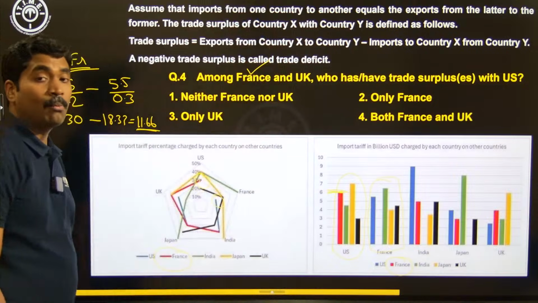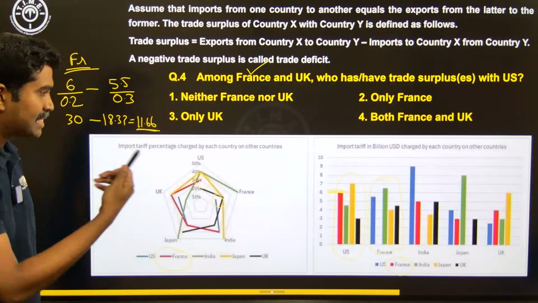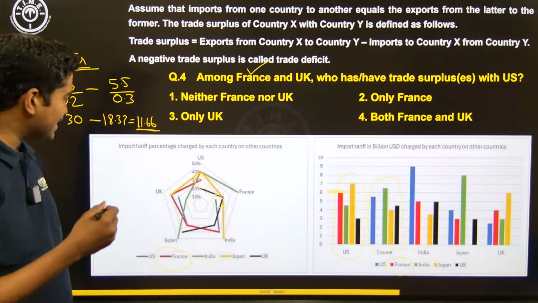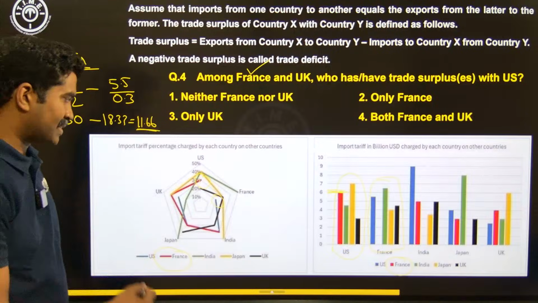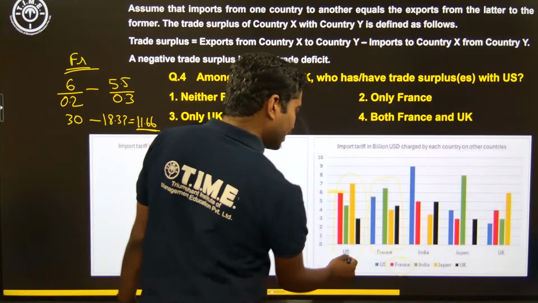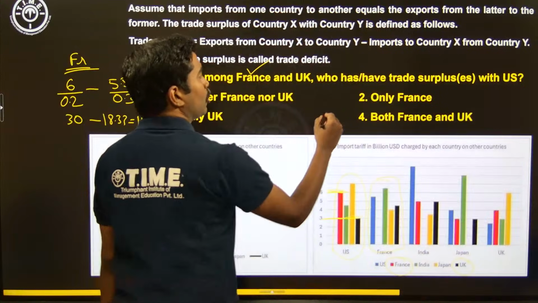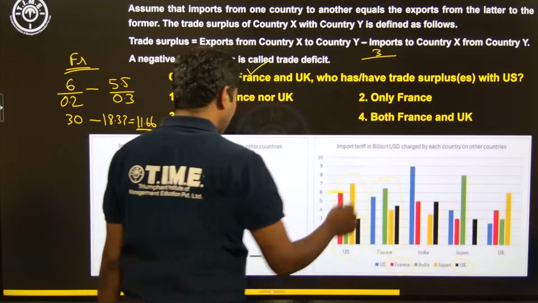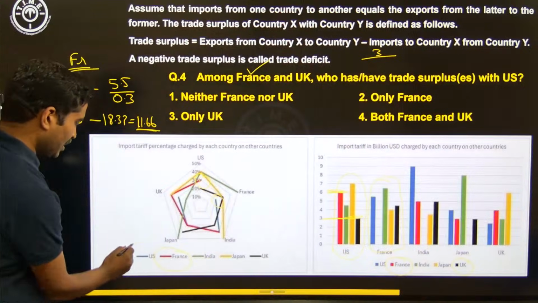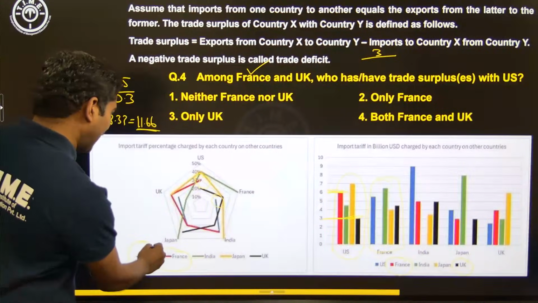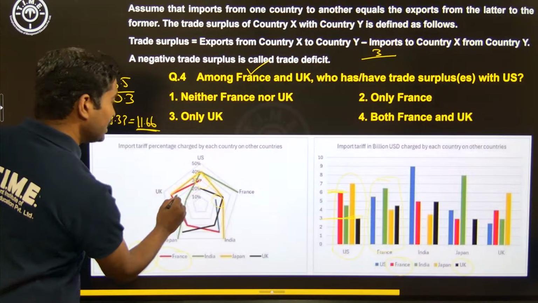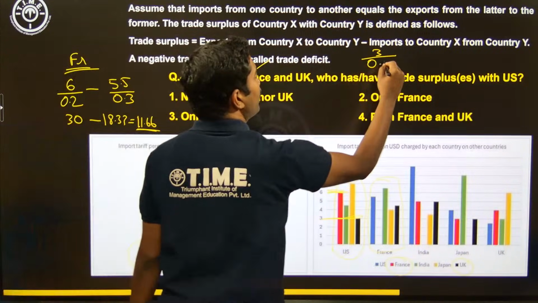Yes. Now what about UK? Let's see similarly how much UK is exporting to the US. So in US, let's check the imports from UK. UK is black. How much is this? $3 billion. $3 billion divided by how much is the US levying against UK? 10, 20, 30 by 0.3.